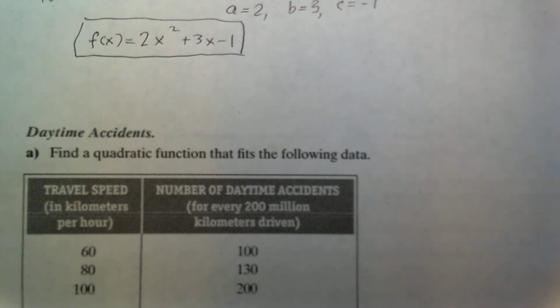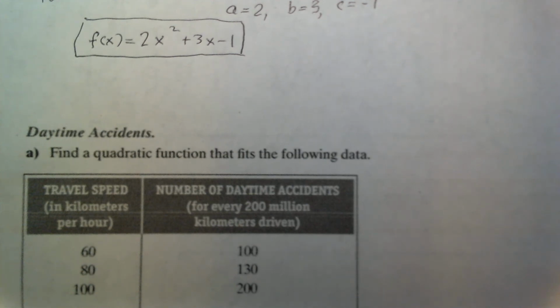For the second one, we have 130 equals a times 80 squared plus b times 80 plus c. And for the third one we have 200 equals a times 100 squared plus b times 100 plus c.